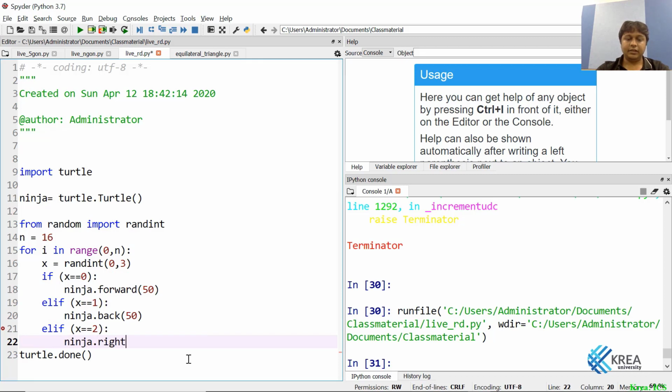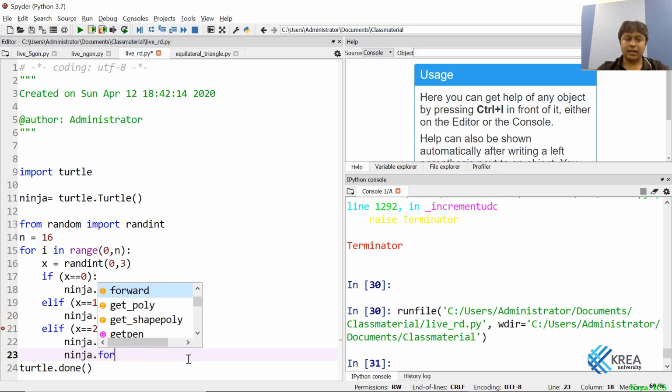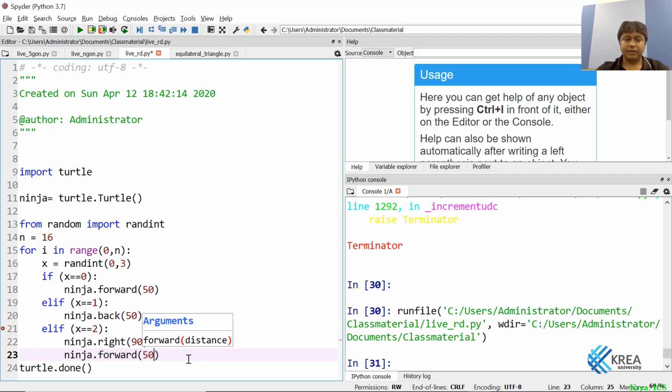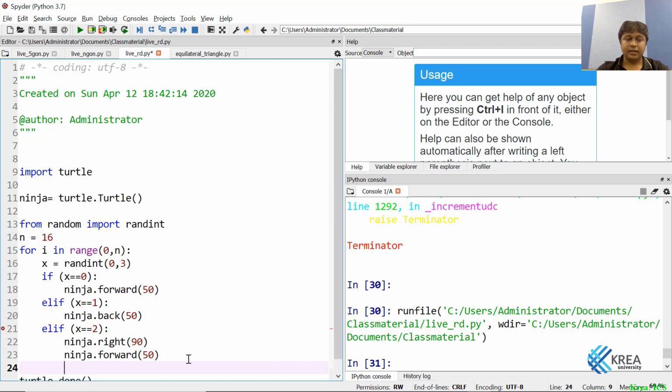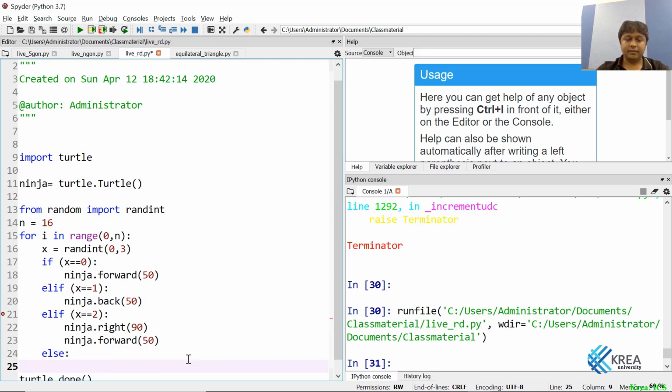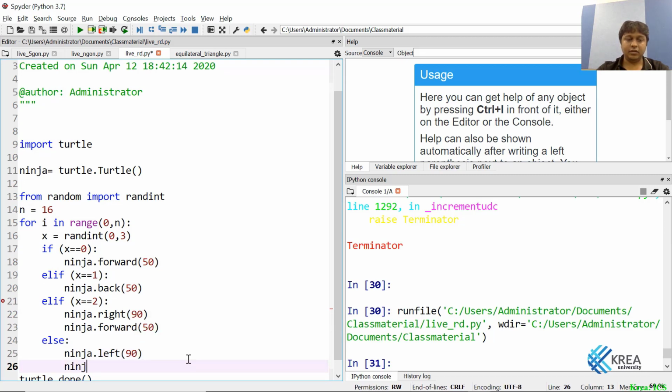Ninja takes a right turn of 90 degrees and ninja goes ahead by 50. Else, ninja takes a left turn of 90 degrees, and then ninja moves forward by 50.